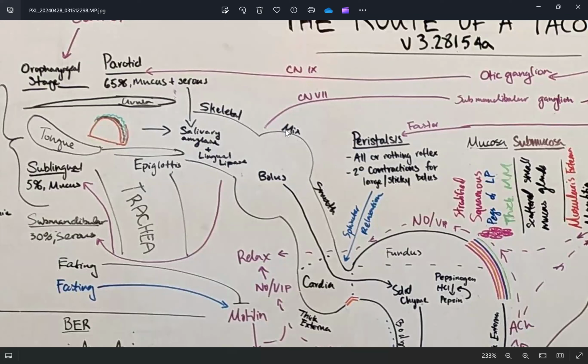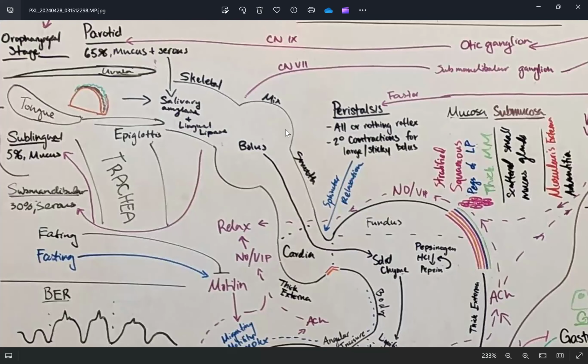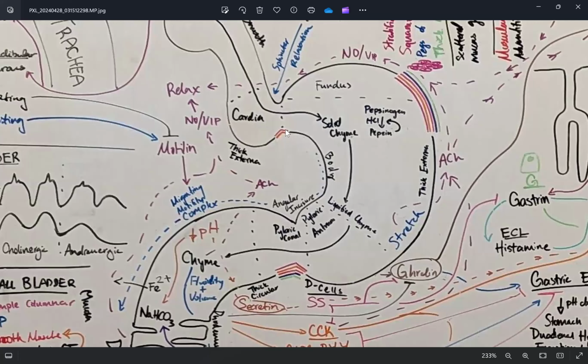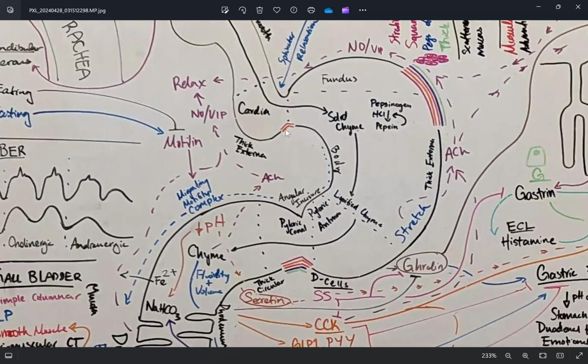When you get to your smooth muscle layer, you have a thick externa. As you get closer to the stomach, right where the gastroesophageal sphincter is, your stomach has different divisions. You have a cardia, right before the sphincter of the stomach. You have your fundus and your body, which are both used for storage of food, and then your pyloric antrum and canal.